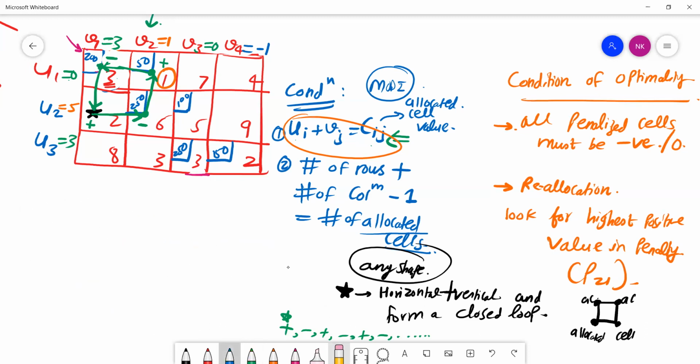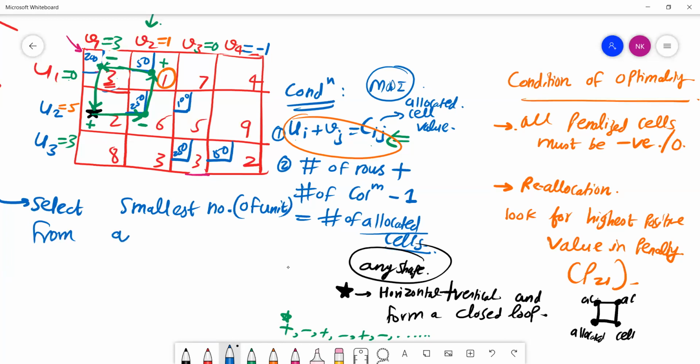The last step says that select the smallest number of unit from all negative cells.